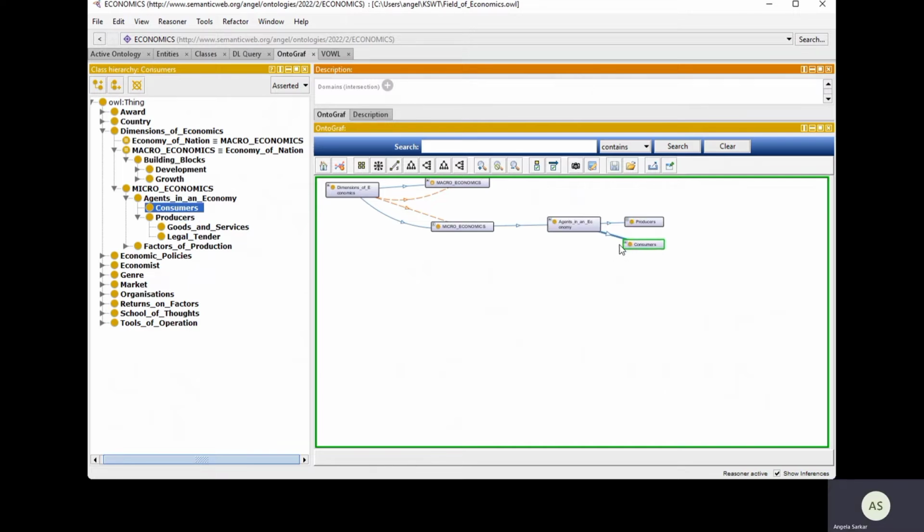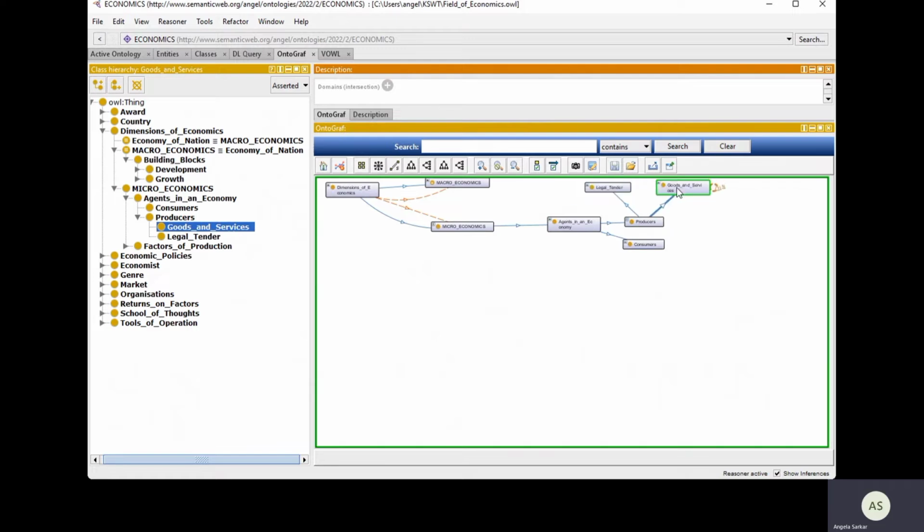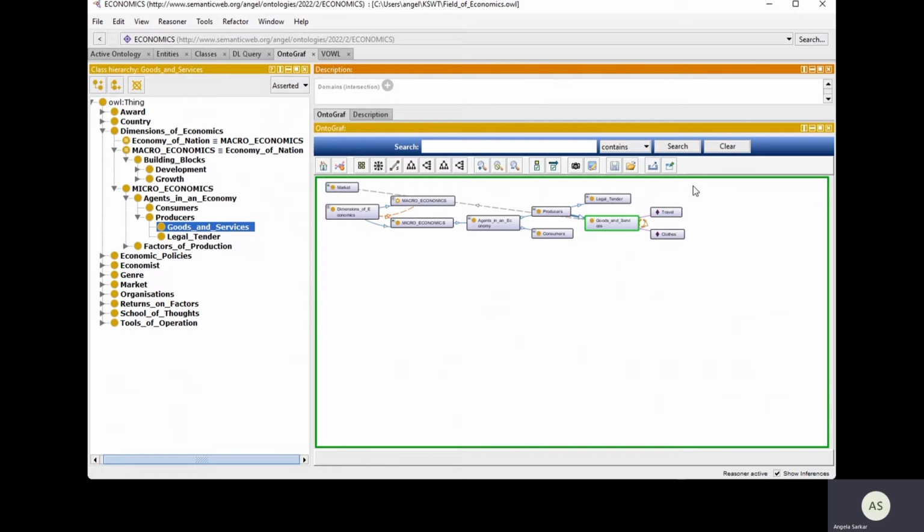Interestingly, if you click on goods and services and legal tender, it shows that they are interrelated with producers, which is true because producers are the ones who produce the goods. If you click on goods and services, you can see the instances of this class, which are travel and clothes.